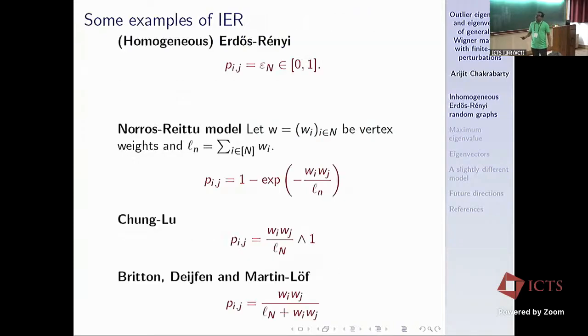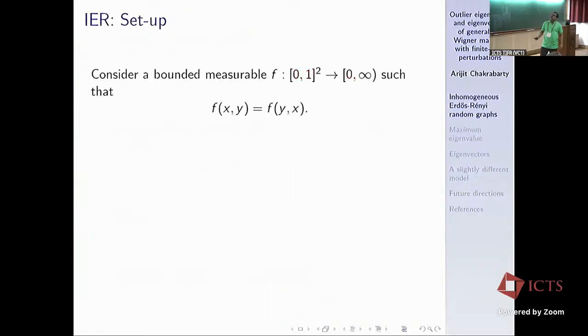Now, there are several examples of inhomogeneous Erdős–Rényi random graphs already studied in the literature. The one we studied, the parameter of inhomogeneity, is described by f, which is a bounded measurable symmetric function.